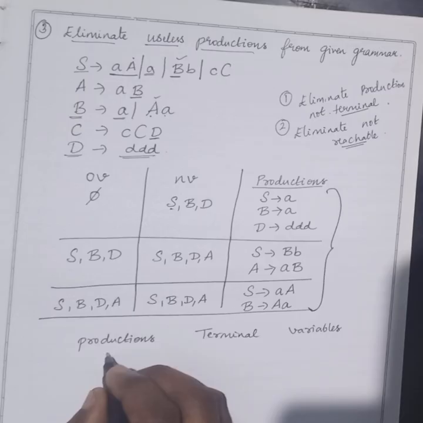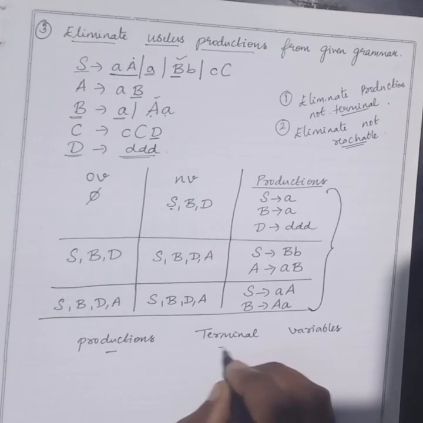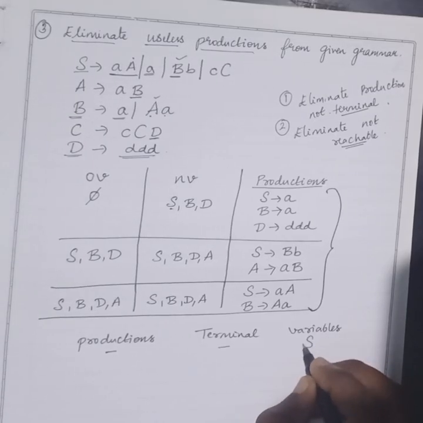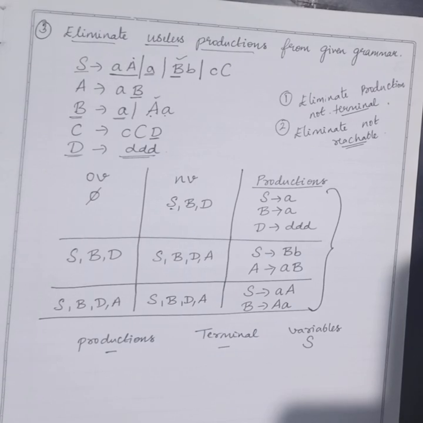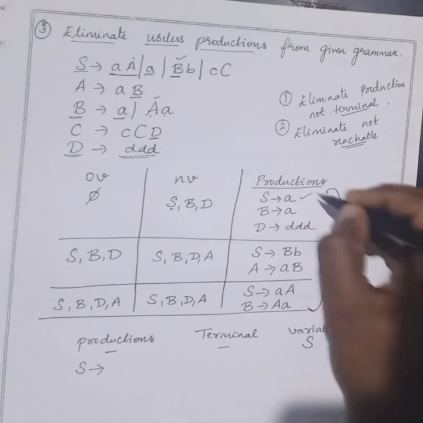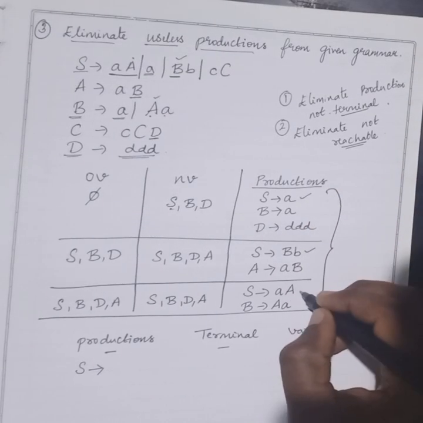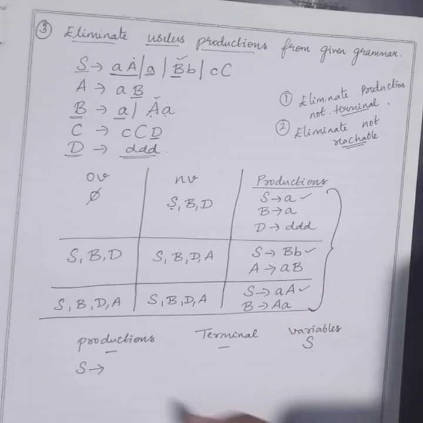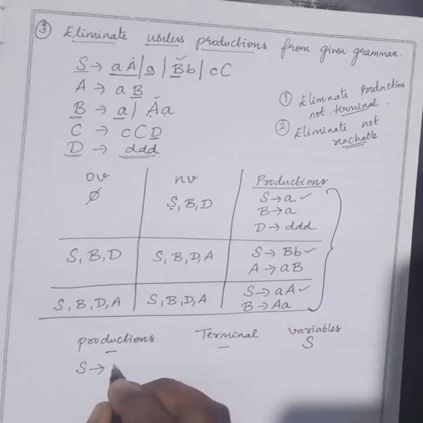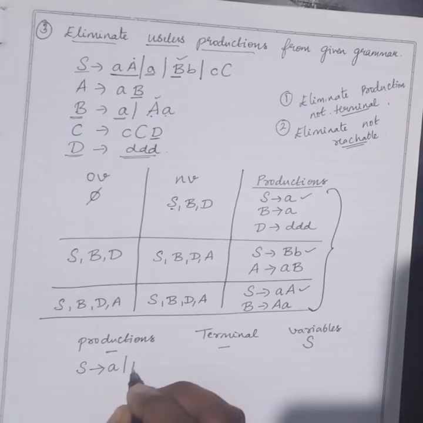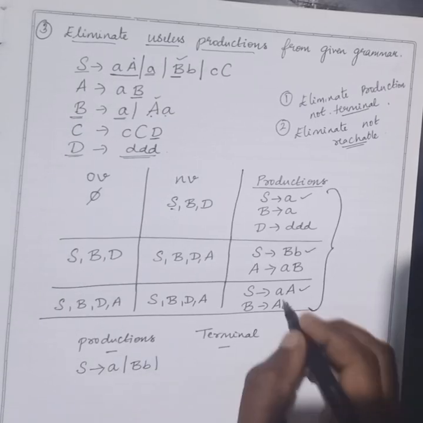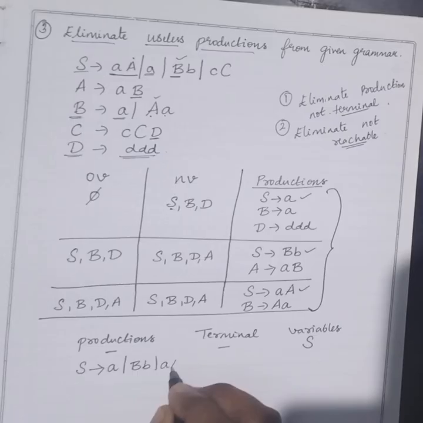So here, first we don't have any production or terminal, so we'll start with the starting state S. Now we'll consider all the productions starting with S. In our case, we have three: S derives A, S derives B b, S derives small a and capital A. So these are the productions.